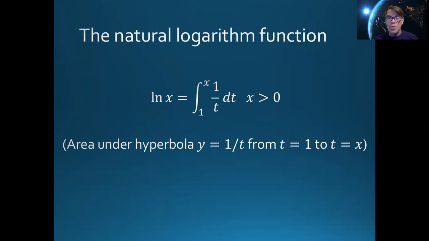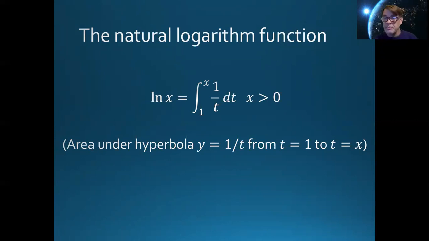What is an integral? An integral is the area under the curve, right? And so we can conceptualize the natural logarithm as the area under the curve from 1 to x of the hyperbolic function 1 over t. Okay, that's a way to conceptualize it. So here we have a nice little mathematical definition of a natural logarithm.